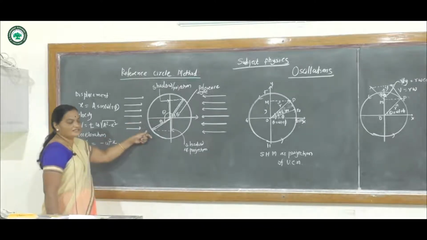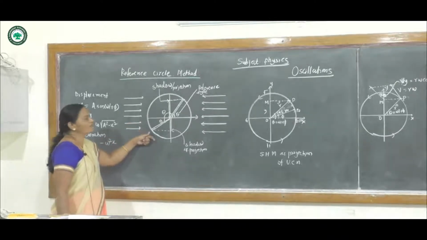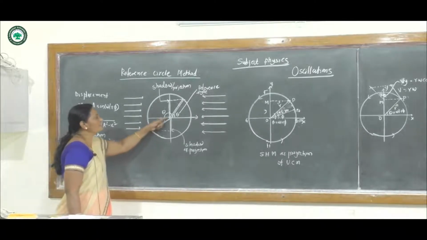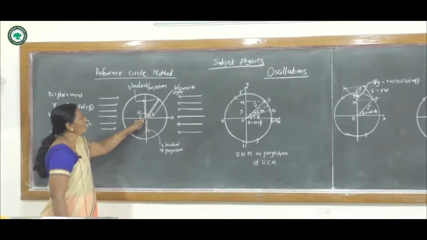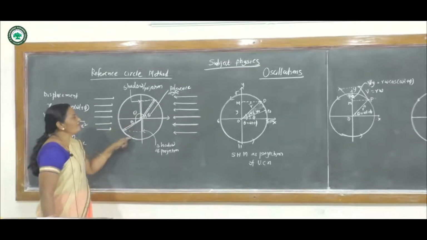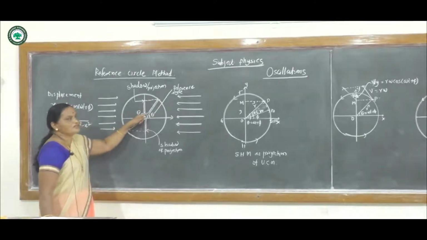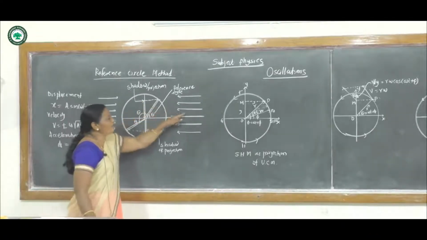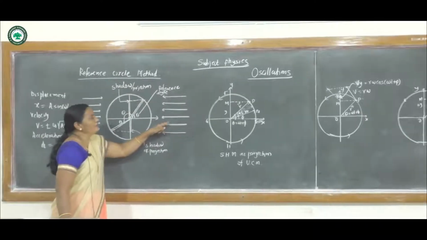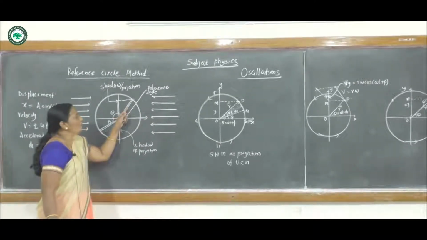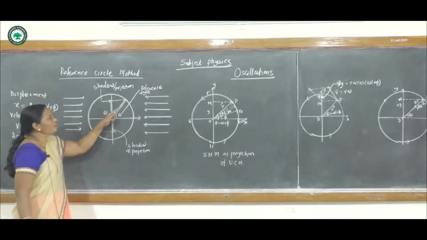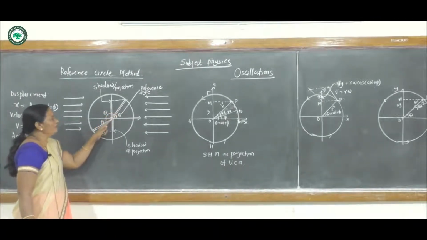Consider this figure. Here we consider a particle, or this is a metal rod, which indicates the radius of this circle. If this rod revolves in a vertical circle, and light is incident on this rod, then if we consider a slit, the shadow of this rod is like this.